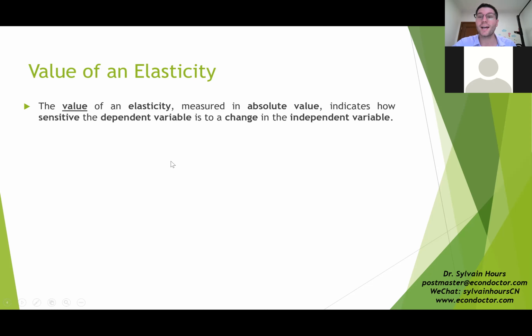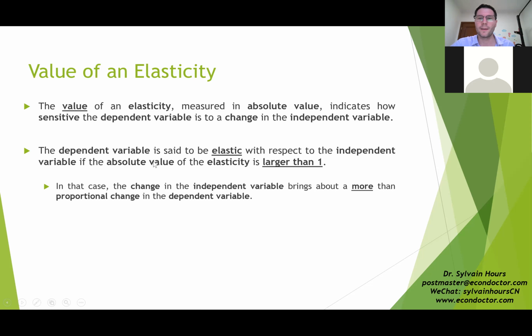It tells us how sensitive, how responsive the dependent variable is to a change in the independent variable. The value of the elasticity measures the intensity of the relationship, and we have given names for different degrees of sensitivity.